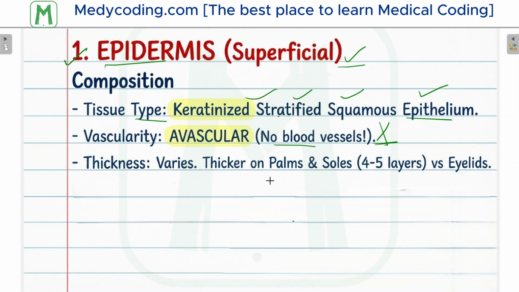The thickness of the epidermis varies based on location, like the palm and the sole. Since palm and sole are prone to injury, these areas have 5 layers, but the other regions have only 4 layers. So the thickness of skin varies from location to location.